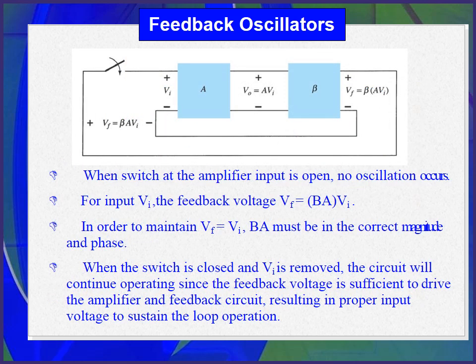The voltage gain around the closed feedback loop is the product of the amplifier gain Av and the attenuation B of the feedback circuit. That is, ACL equals Av times B.